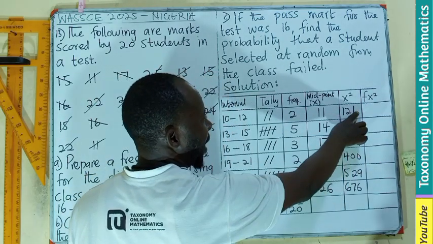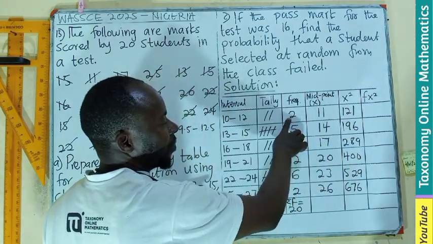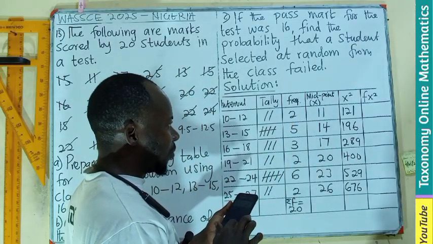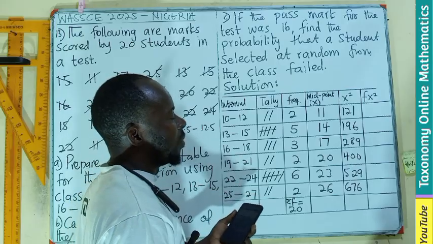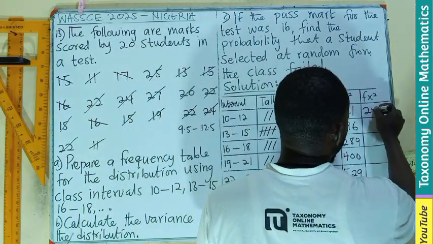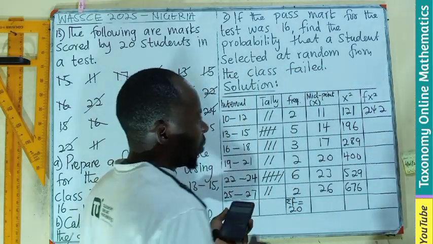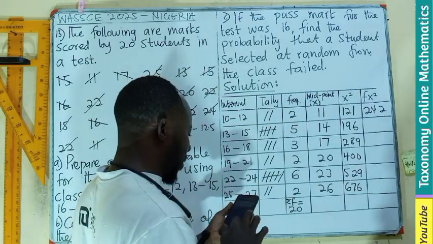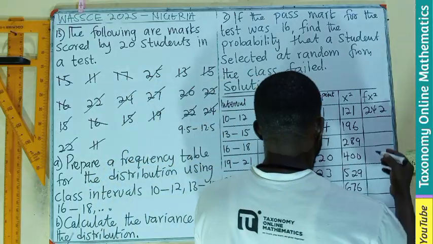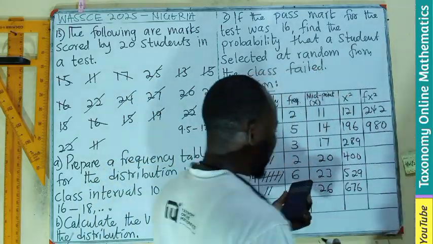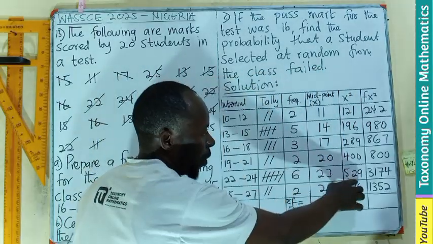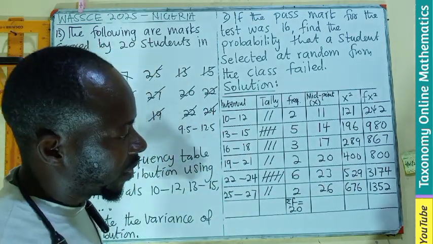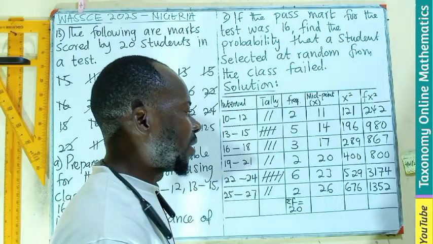So now what are we going to do? fx squared, meaning the x squared times the f. Let's multiply: 2 times 121 is 242. We multiply 196 by the frequency 5, making 980. The remaining ones follow, with 6 times 529 and 2 times 676.